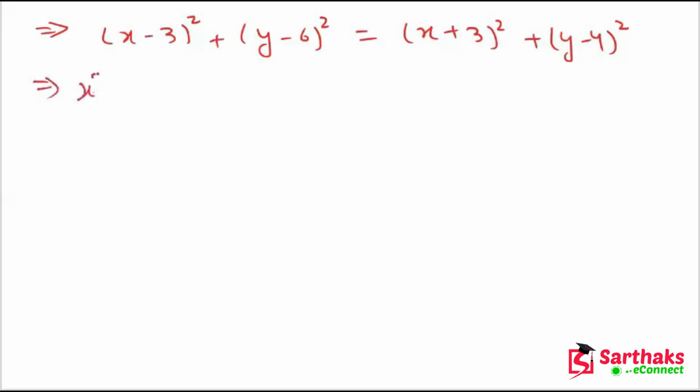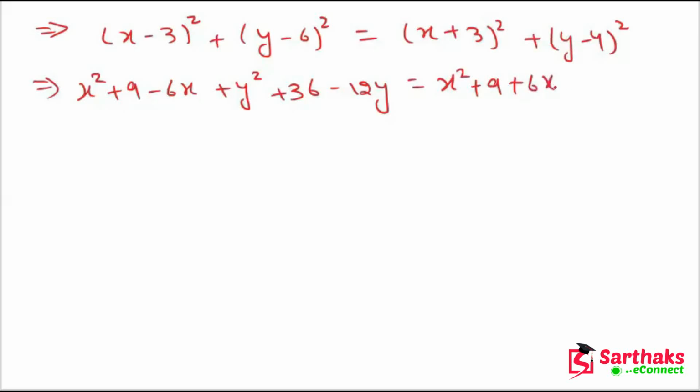This will become x square plus 9 minus 6x plus y square plus 36 minus 12y is equal to x square plus 9 plus 6x plus y square plus 16 minus 8y.